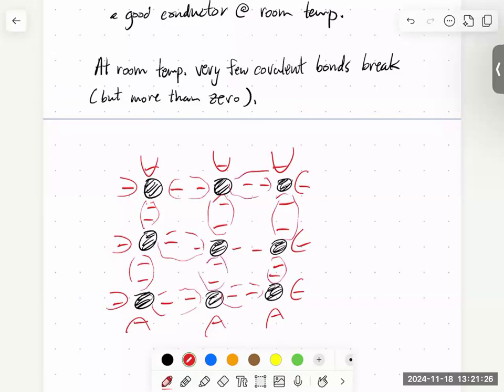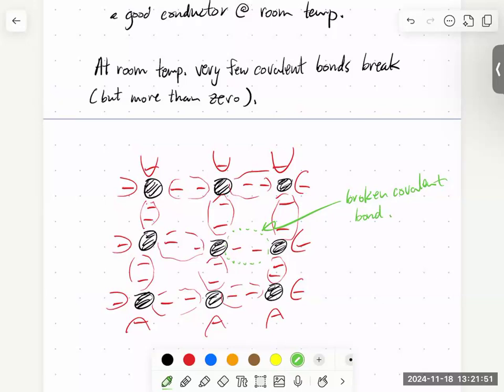So there's this one, which we'll indicate as a broken covalent bond. All right.